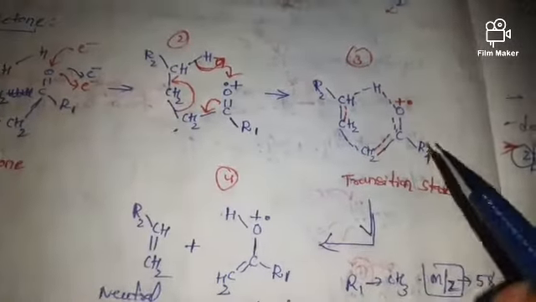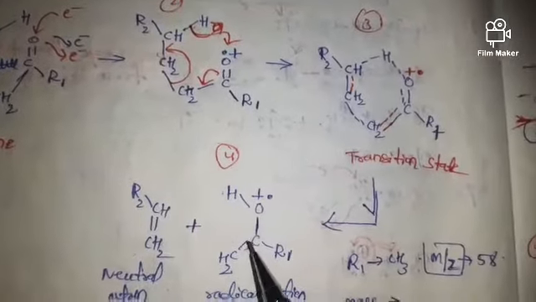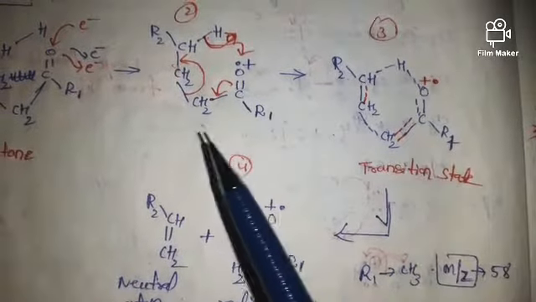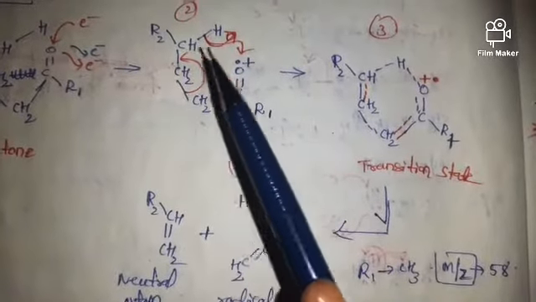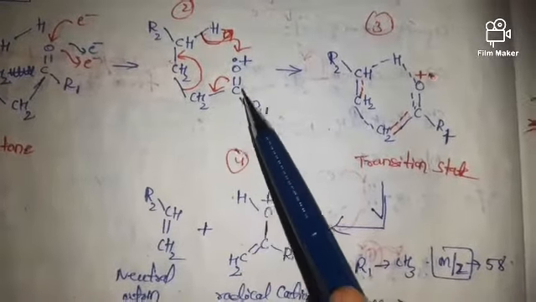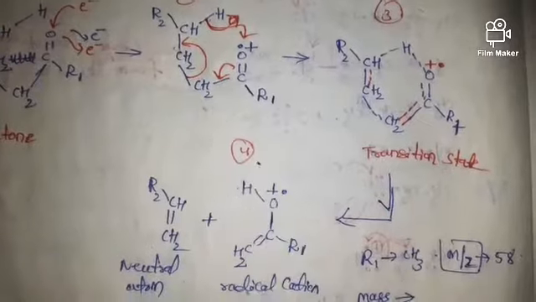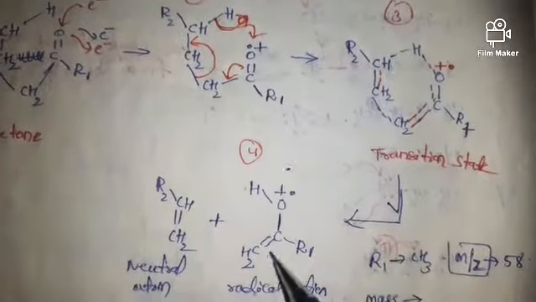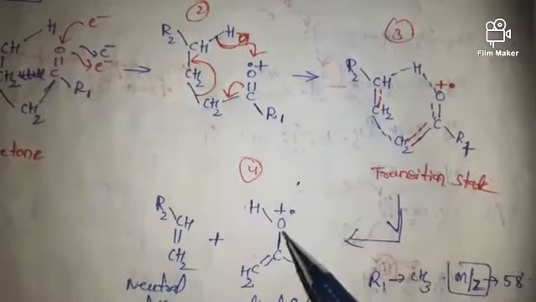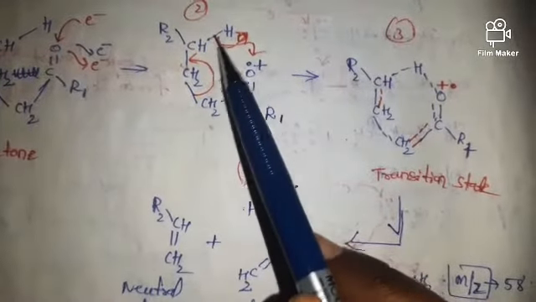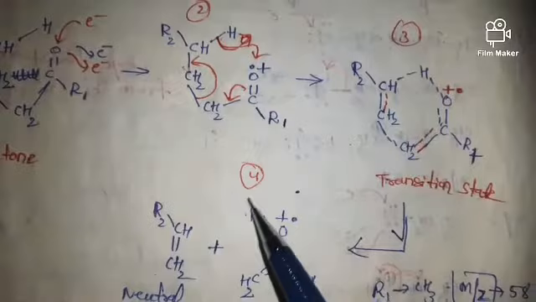Next, see, as this bond has broken, a double bond is formed here. So CH2 double bond, and this is as usual, friends. This gamma hydrogen has transferred to this heteroatom.